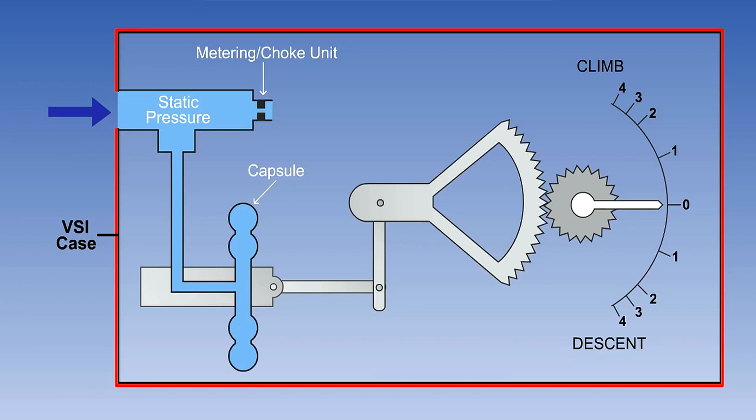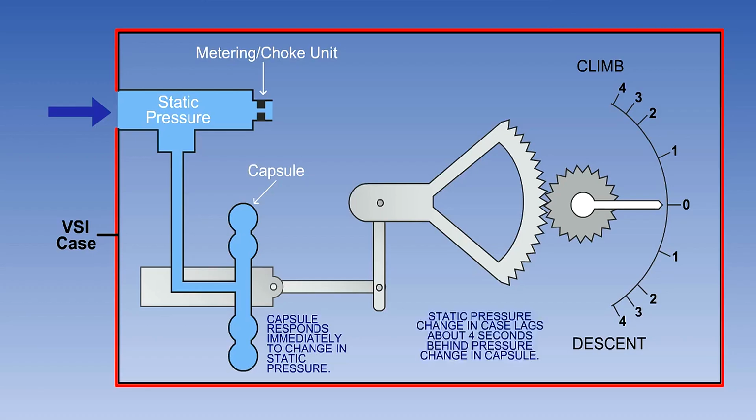However, the static pressure will change as altitude changes. Any change will be sensed immediately by the capsule, but the static pressure change in the instrument case will be much slower because of the restrictive choke. This causes a pressure differential, which will be maintained while the aircraft is climbing or descending.